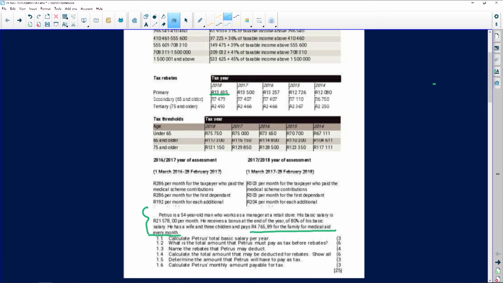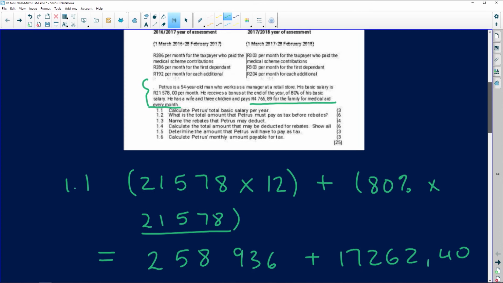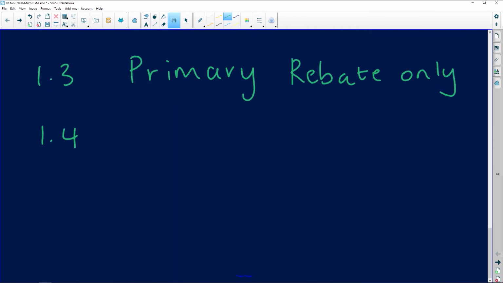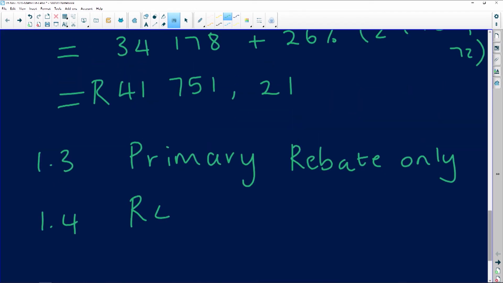So here it's telling us, calculate the total amount that may be deducted for rebates, show all your calculations. So we're going to take this amount and subtract it from all the other money, and then it's going to show us how much this person is going to qualify for in terms of rebates. So we're going to take the money that we've calculated, which is 41,751.21, and we're going to subtract the rebate that this person qualifies for, which is 13,635.